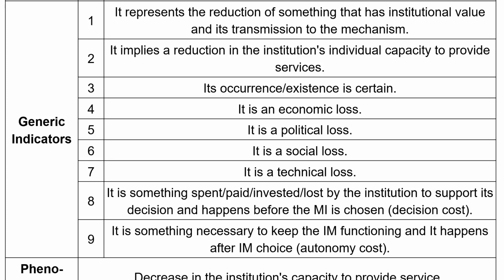If the cost is before choosing, it's a decision cost. But if the cost is after putting the integration mechanism to function, it's an autonomy cost.